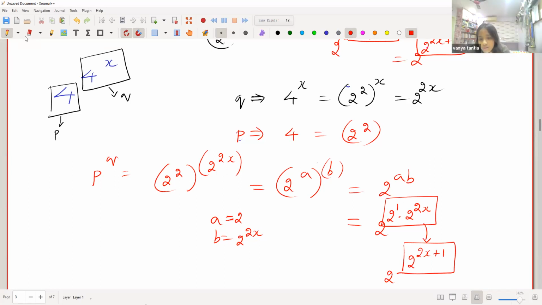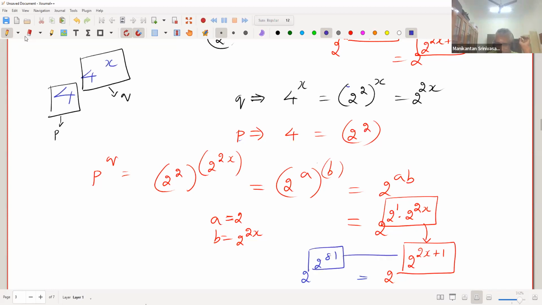I'm not taking 2 as the common base. It's 2 power 1 into 2 power 2x, which is 2 power 2x plus 1. And this is the final step, and then we compared this with 2 power 81. That means this blue square and this red square must match. That means 81 must match 2x plus 1.